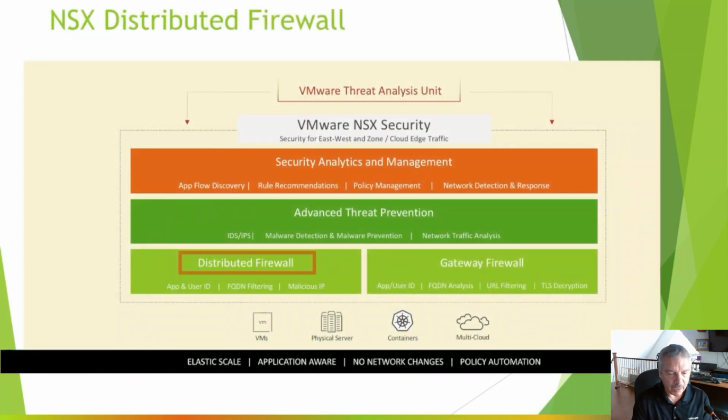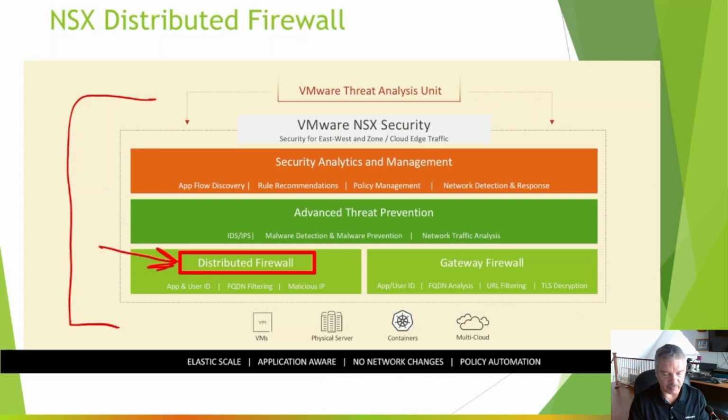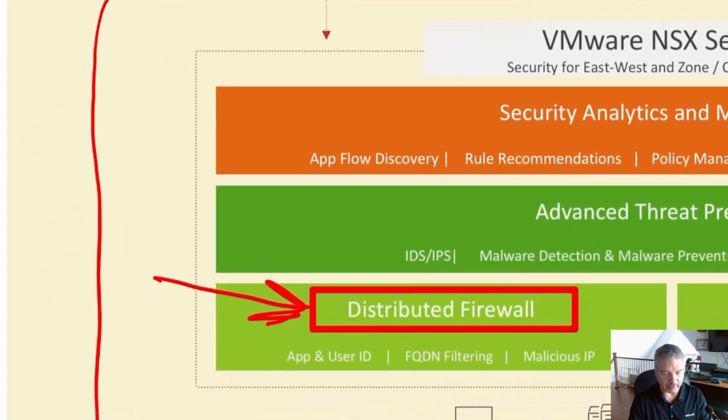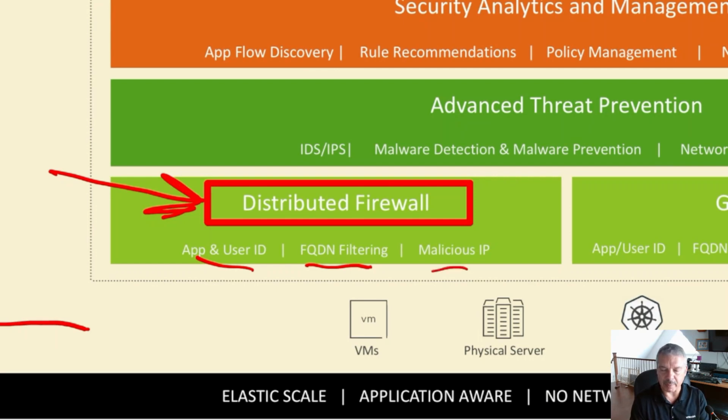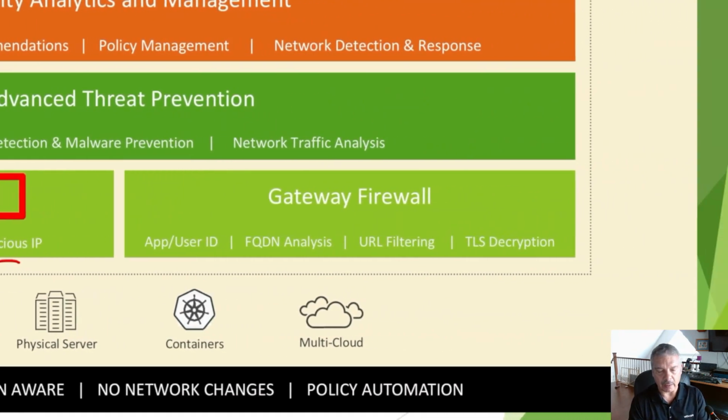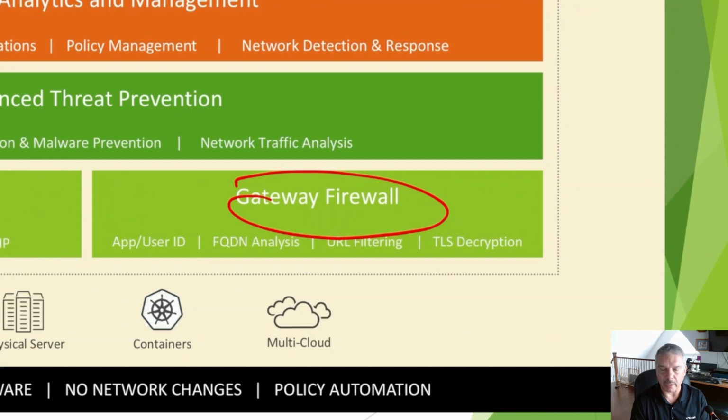So now, let's talk about the distributed firewall. When we talk about NSX security in general, it's not just one component. You'll see over here, it's actually a bunch of things. We have the distributed firewall, which includes app and user ID, fully qualified domain name filtering, and malicious IPs. We can do filtering on that. It includes the gateway firewall, okay?